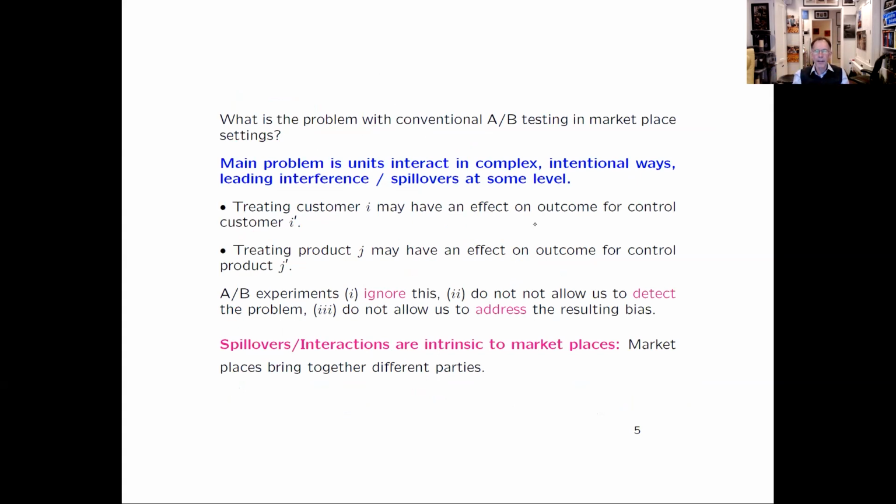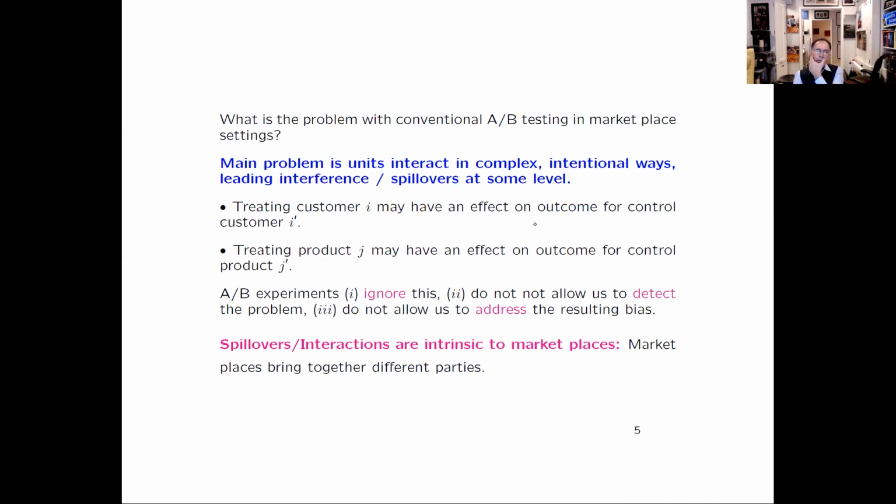I gave one specific setting where we look at the effect of more information about properties in the rental market, but it could also be changing the way customers, riders, and drivers interact in a rideshare company such as Uber or Lyft, or changing the information about products or shipping at a place like Amazon, or many of these marketplaces.